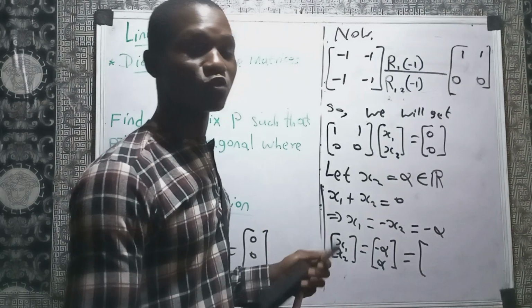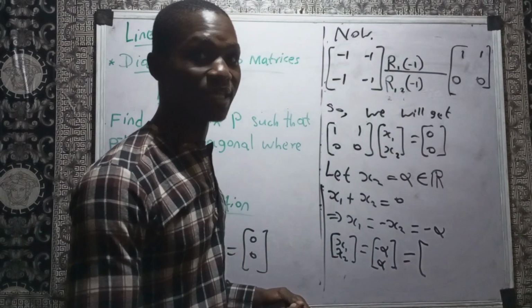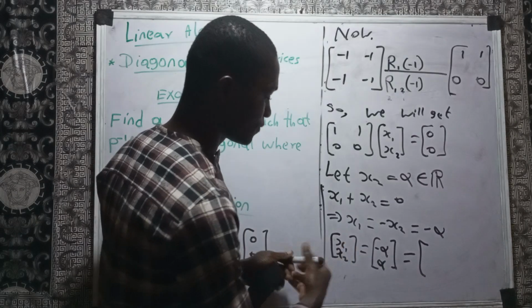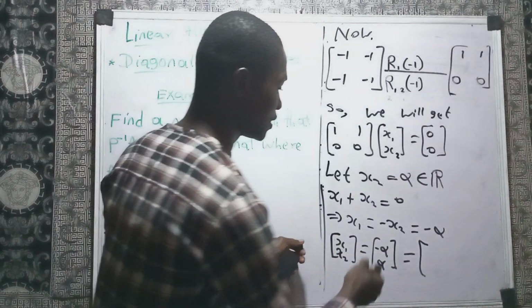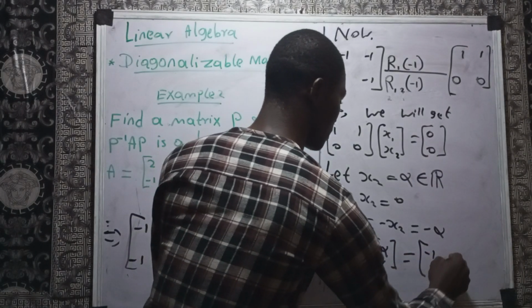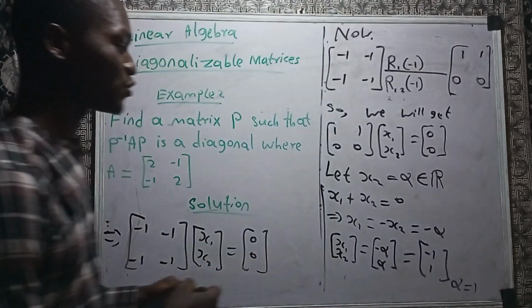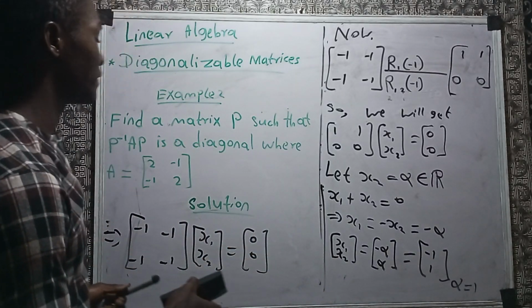It can be 1, 2, 3, 4. For simplicity's sake, we are not going to choose a fraction. We'll choose a whole number, the simplest whole number, 1. So here will be negative 1 and here will be positive 1, at alpha equals 1. So we choose alpha to be 1, and with that we got that very vector.